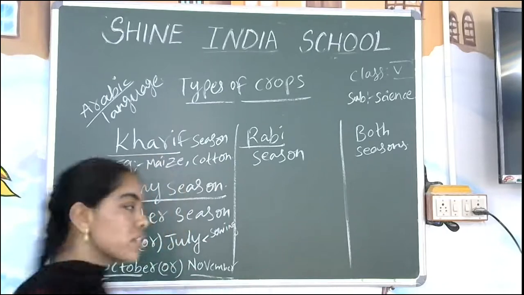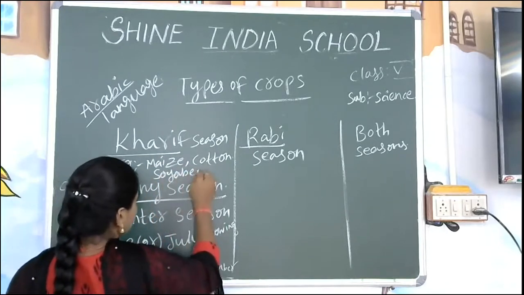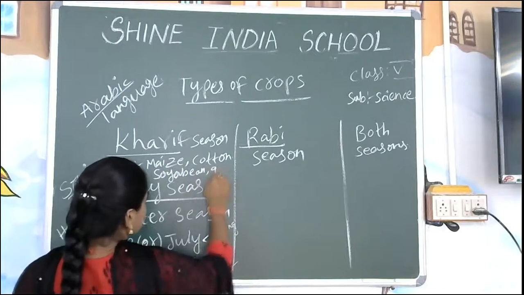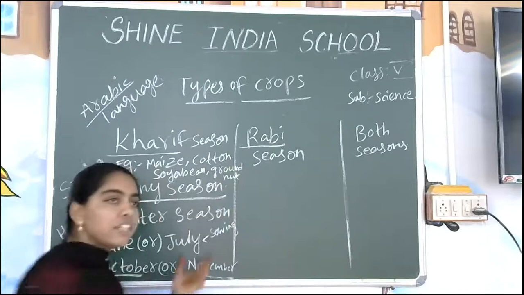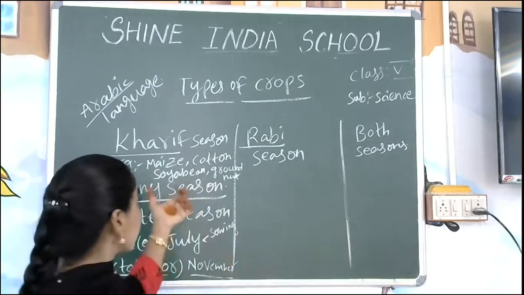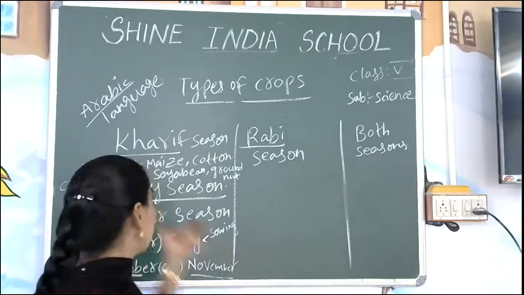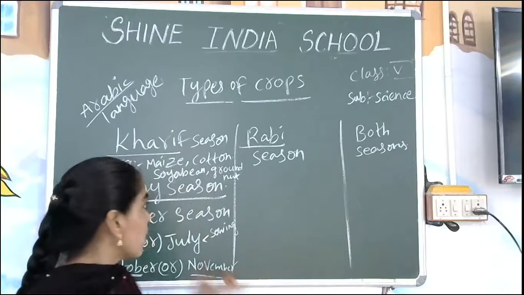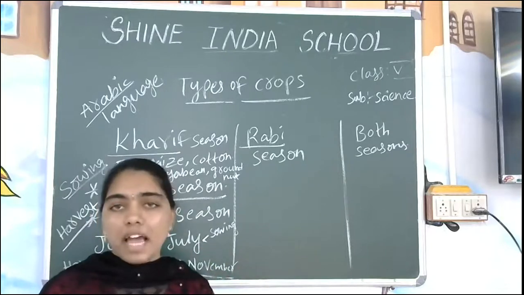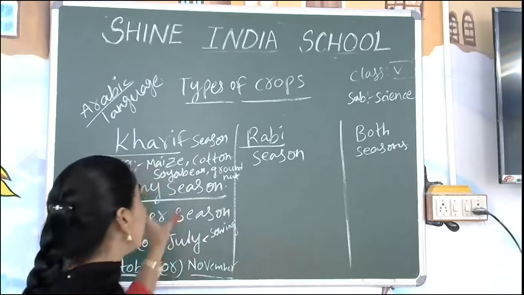Maize, cotton, soybean, groundnut. Yes, different types of crops. Some crops like maize, cotton, soybean and groundnut are the different types of plants or crops which are cultivated especially in the Kharif season.